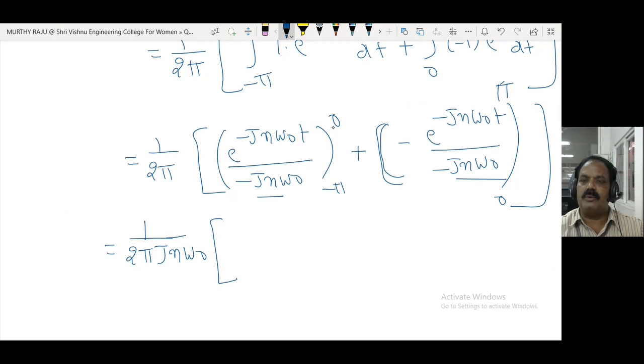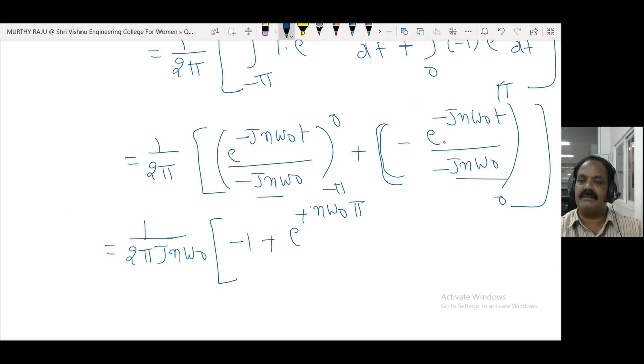E power 0 is 1. Substituting minus pi, minus into minus gives plus, so e power plus j n omega naught pi.